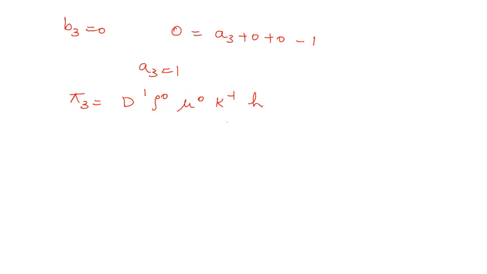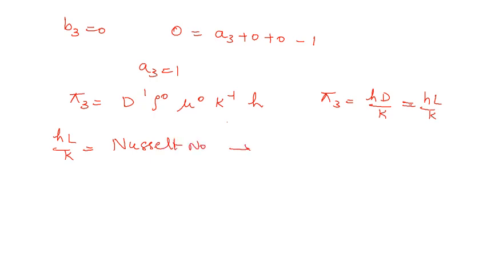On simplification, I can write that pi 3 is equal to hd by k, and I can also write it as hL by k. And hL by k is given the name Nusselt number. Nusselt number, in short, we write as Nu.